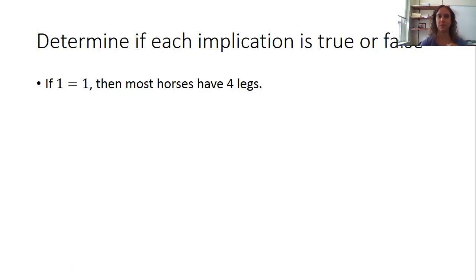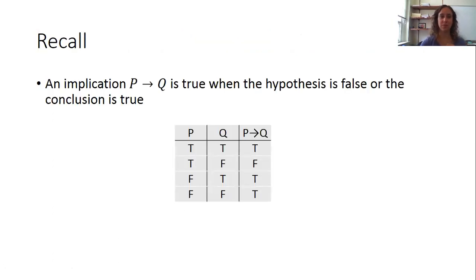All right, let's look at the next one. This one says if 0 is equal to 1, then 1 is equal to 1. Here's our hypothesis, 0 equals 1, which is clearly false. 1 equals 1 is clearly true. Going back to the truth table, we find the row where P is false and Q is true, and that is the third row here.